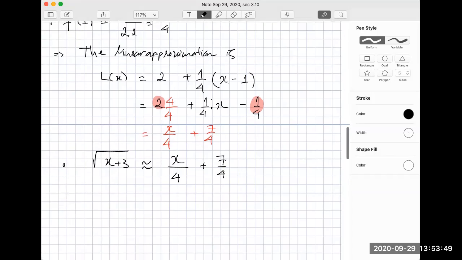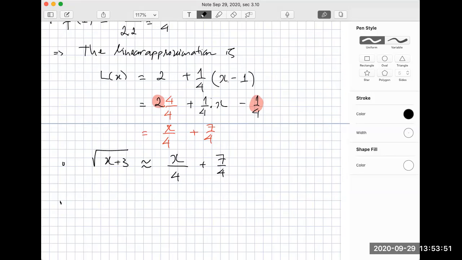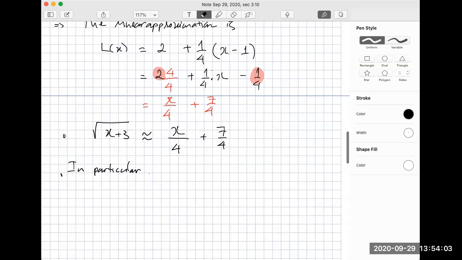So the next question asks us to compute, in particular, square root of 3.98.